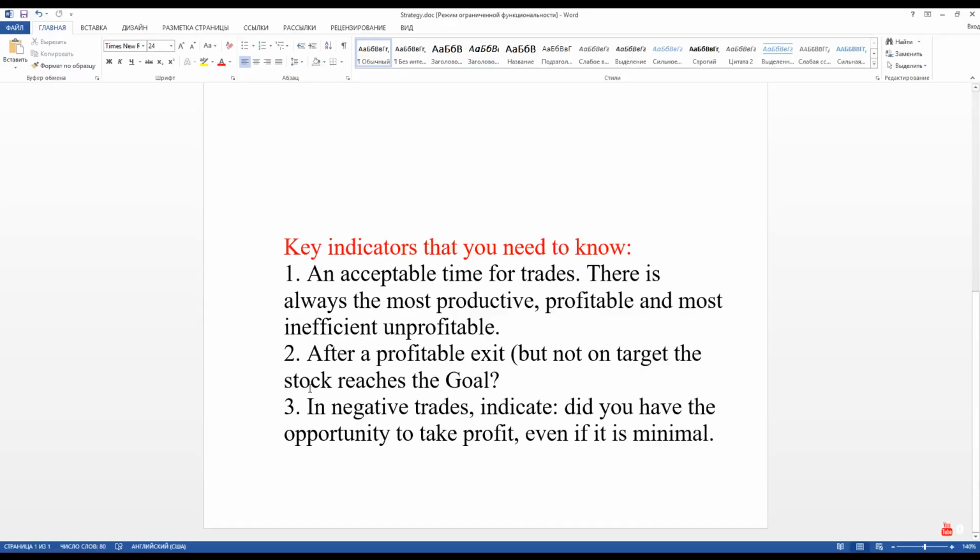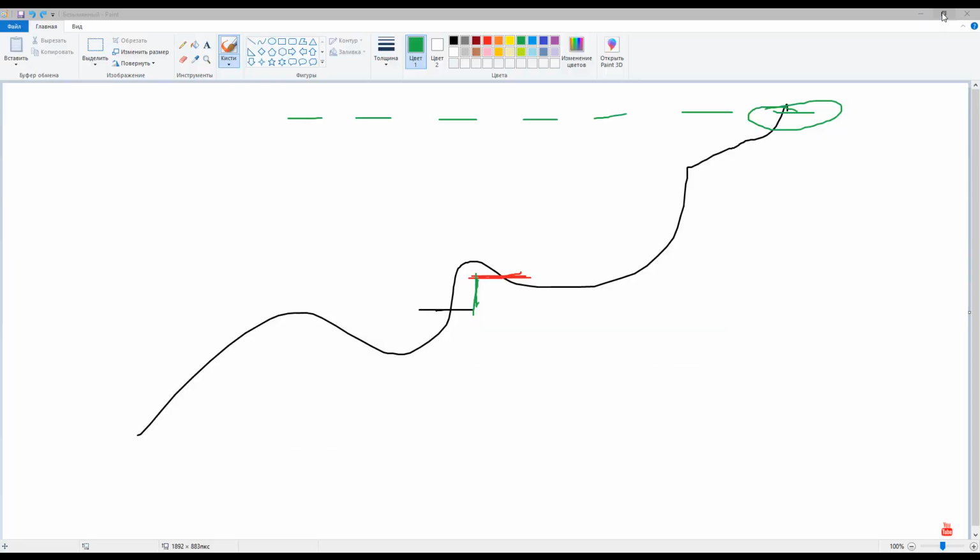And very interesting point number 3. Okay, in negative trades indicate, did you have the opportunity to take profit, even if it's minimal?